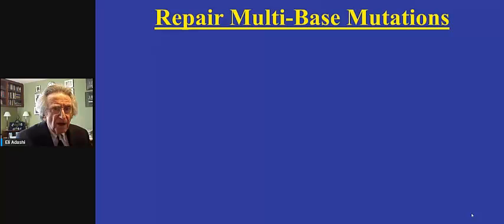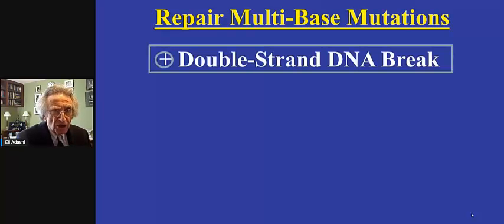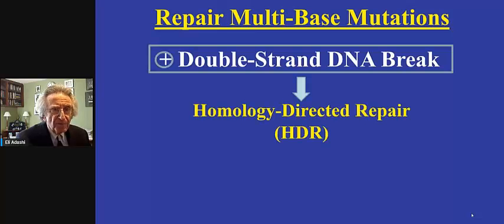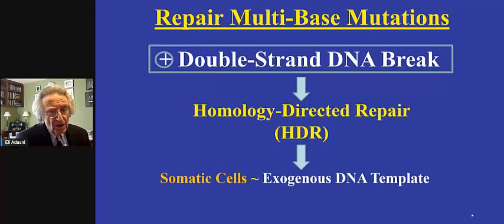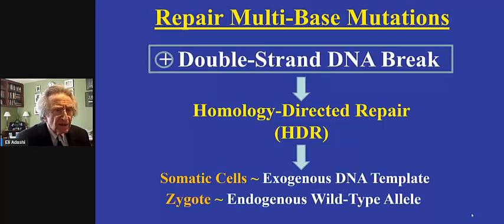It allows us to repair multibase mutations, but that requires the generation of a double-strand DNA break, which inevitably will be subjected to homology-directed repair, or HDR for short, which in somatic cells likely will require an exogenous DNA template, and in the zygote possibly could rely on an endogenous wild-type allele.